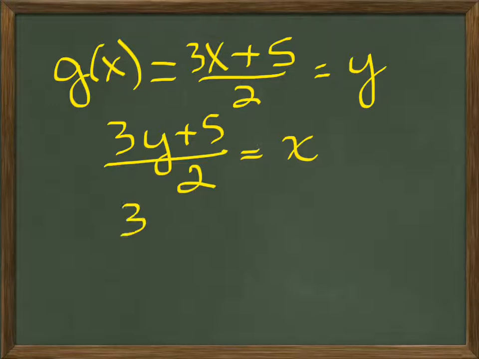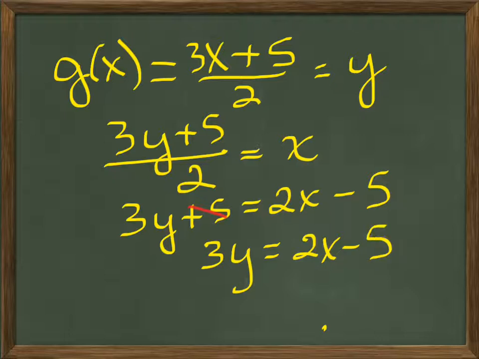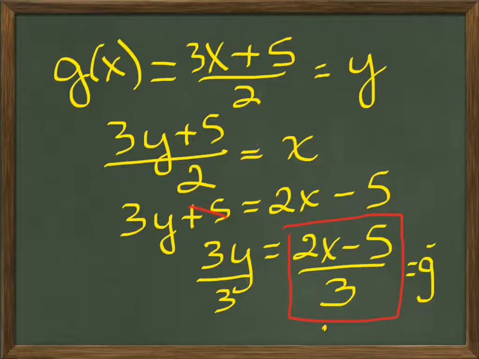So I multiply both sides by 2, giving me 3y plus 5 equals 2x. I subtract 5 from each side. 3y would be equal to 2x minus 5, and then divide by 3. This is the inverse of g of x.